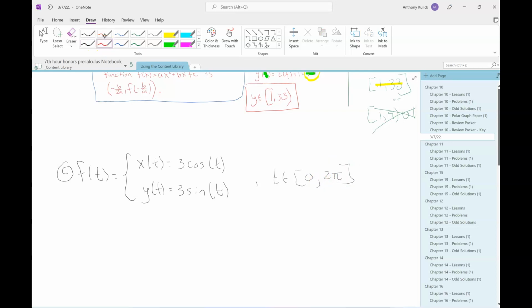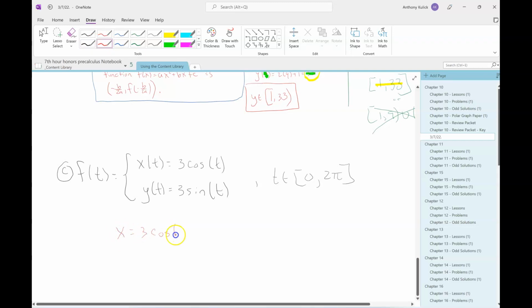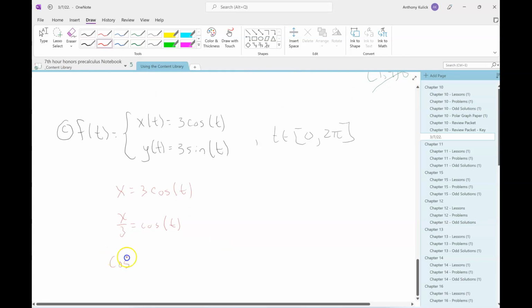All right. So probably we'll start the same way, right? So we divide by 3. And I guess we'd have to do the cosine inverse of both sides. Oh boy, I'm not liking the way this is looking.